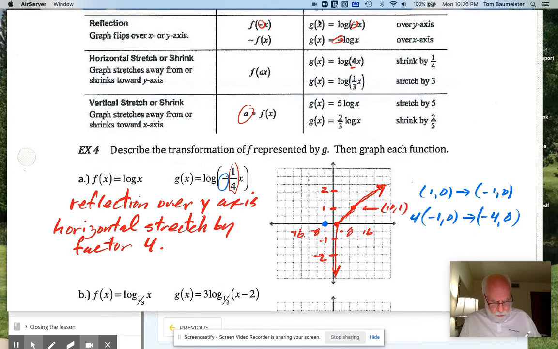And just think about it. On this one here, it would be over here in this direction. Okay, we know it would be -40 and 1, because it's stretching away from the y-axis.